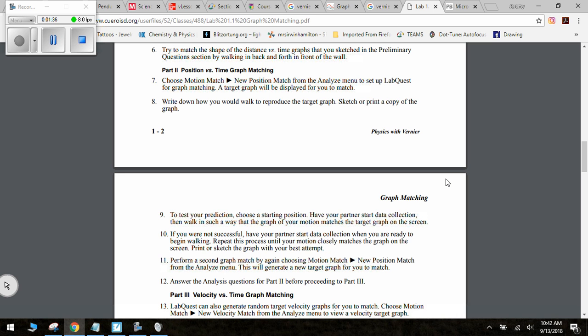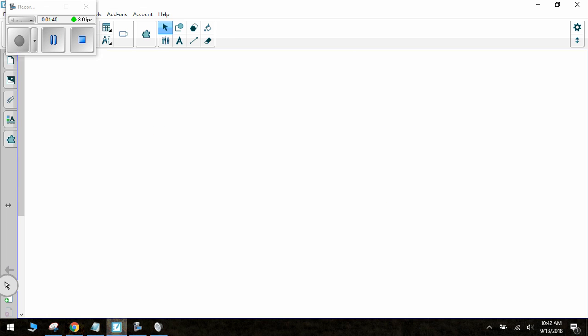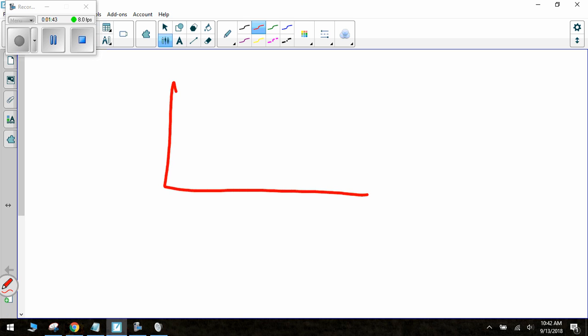So if you had a graph match that looked something like this, and your target graph was like this, and then this, and then this, and then this, what I needed to hear from you is that you're going to start like 1 meter away from the wall.